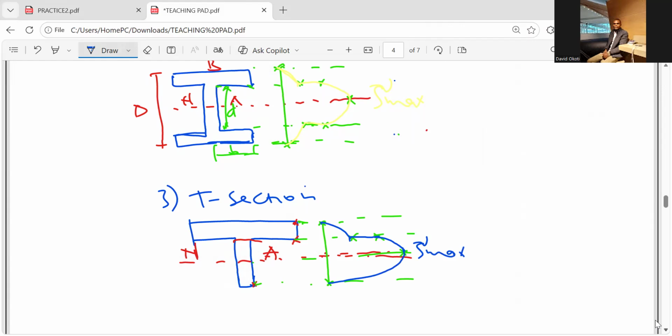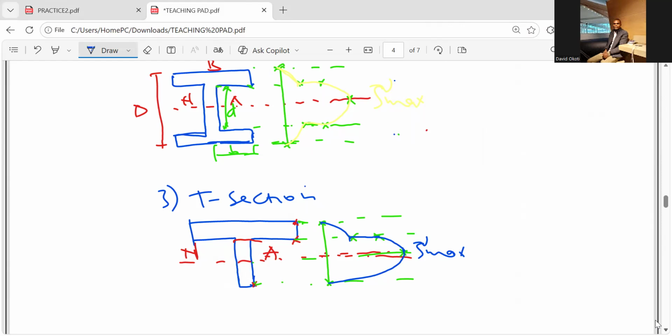So if you have been very keen, you realize that the value of shear stress is maximum at the neutral axis for all the sections, irrespective of whether it is a rectangular, an I or a T section. And at the intersection of web and flange, you have to plot 2 points. One is the shear stress in the flange at that point, and two, the shear stress in the web at that point.